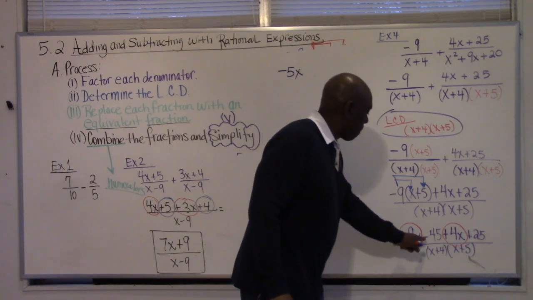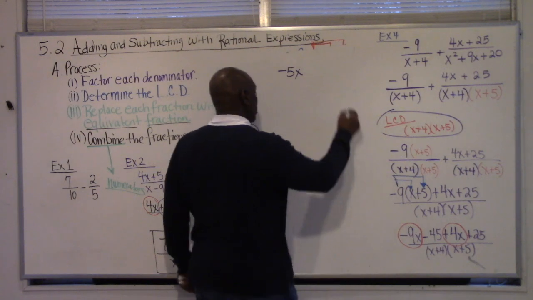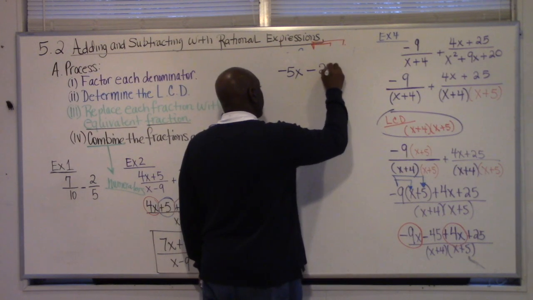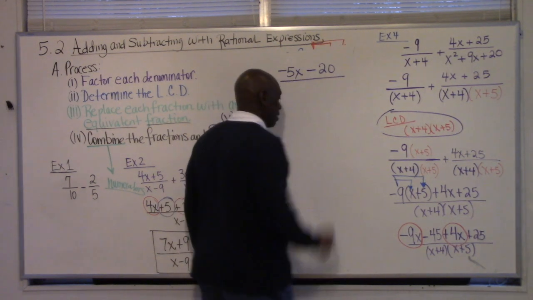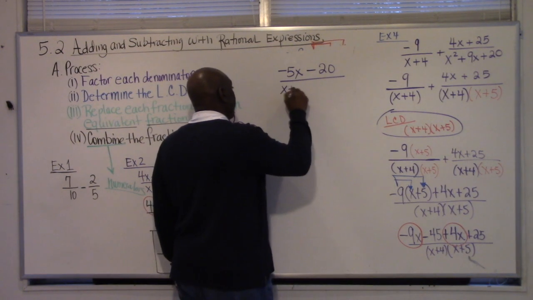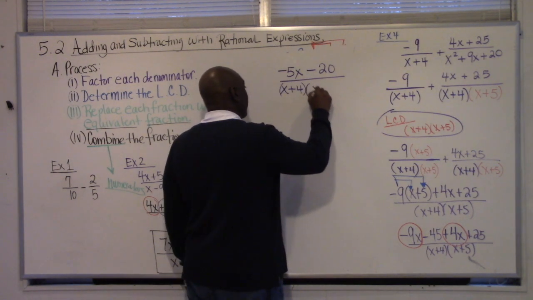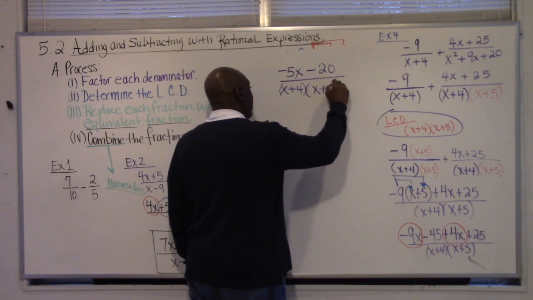And then I have a negative 45 plus 25, which gives me a negative 20. Divided by x plus 4 times quantity x plus 5.